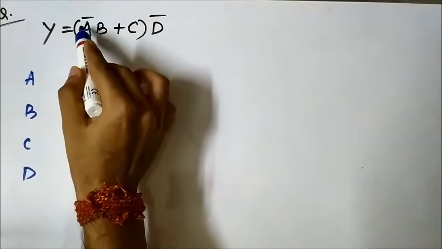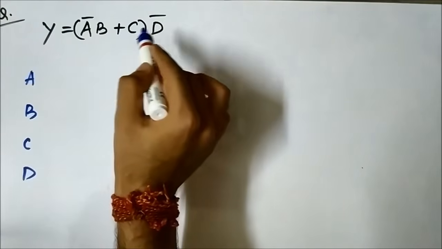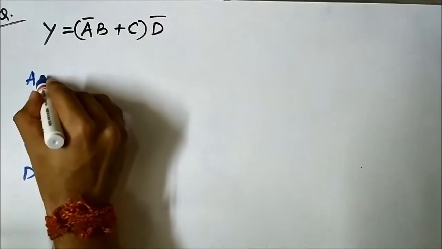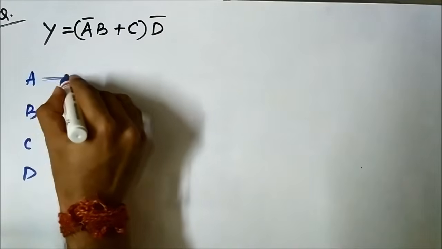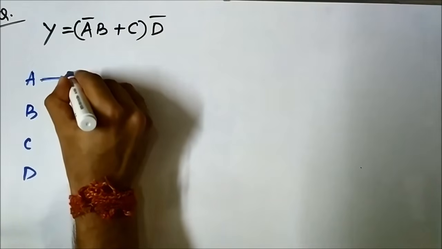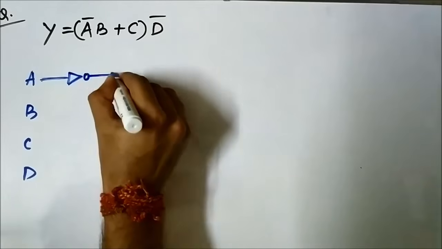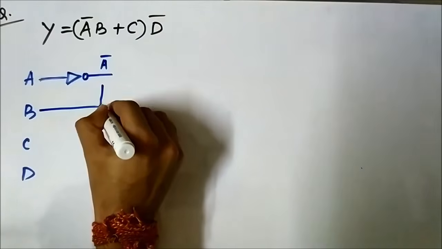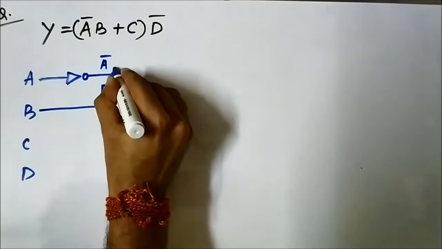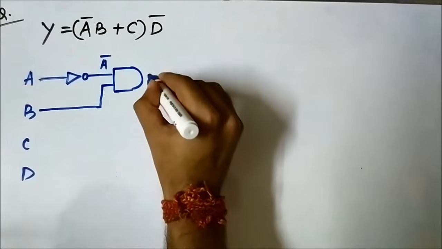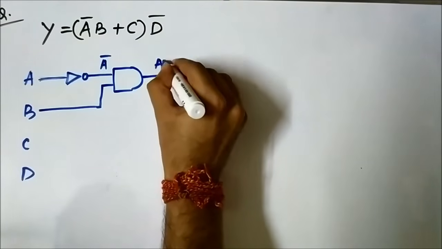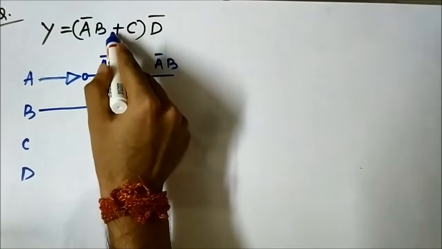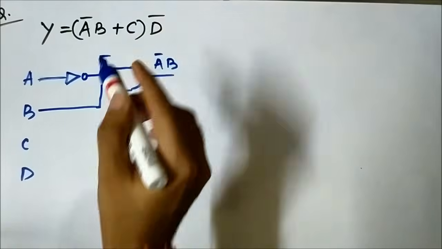So first let us target the individual terms, the group of terms, and then the whole term. First A bar B. So in order to get A bar B, first we have to pass the signal A through an inverter to get A bar, then we have to AND it with B to get A bar B. Then A bar B or C, this plus indicates OR.